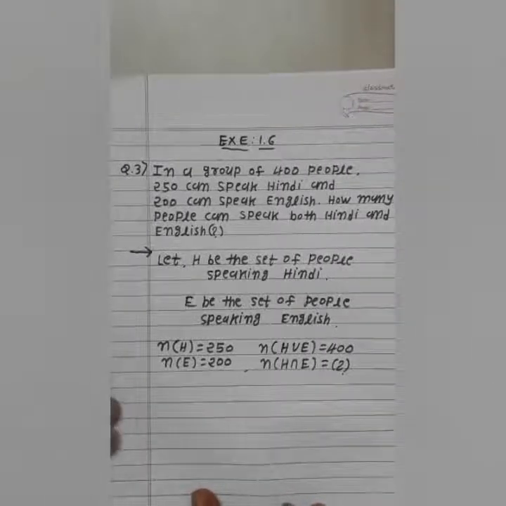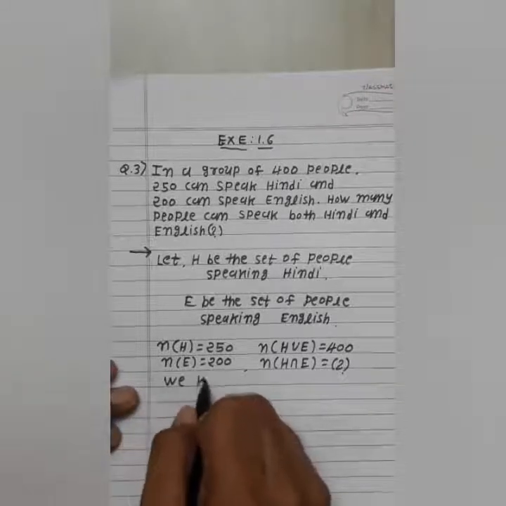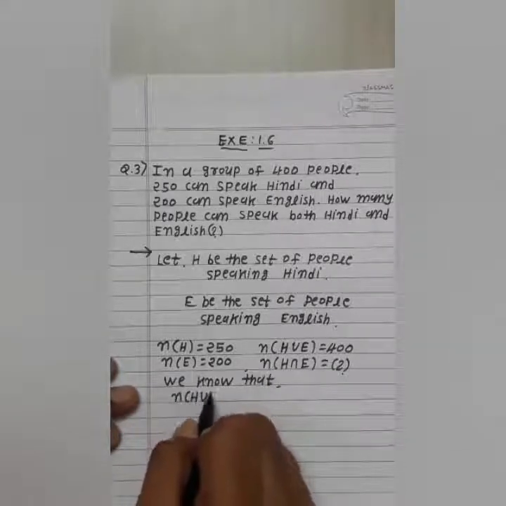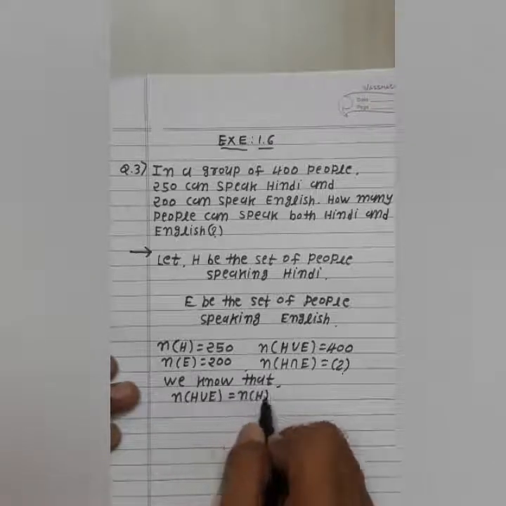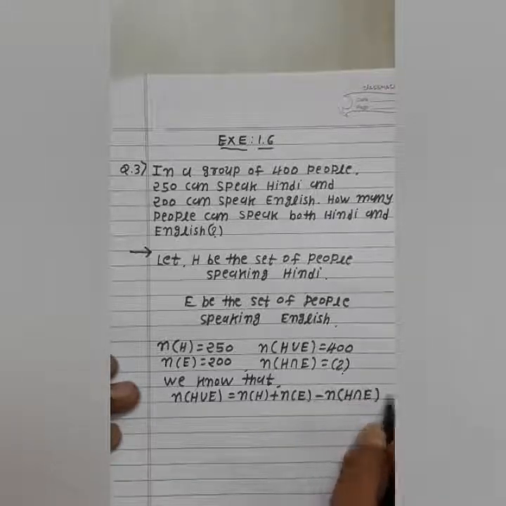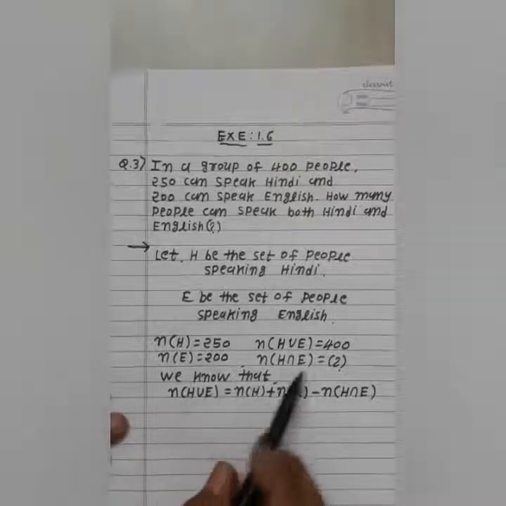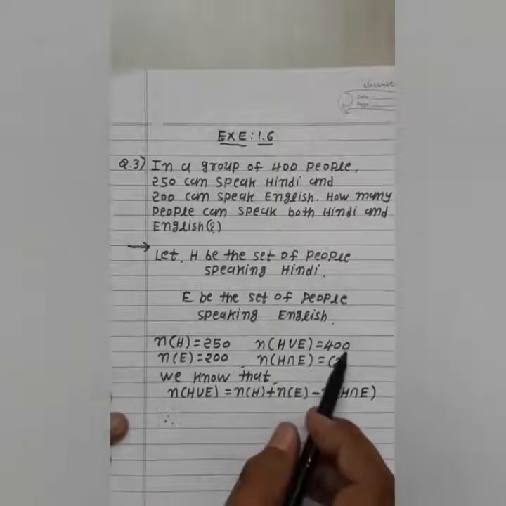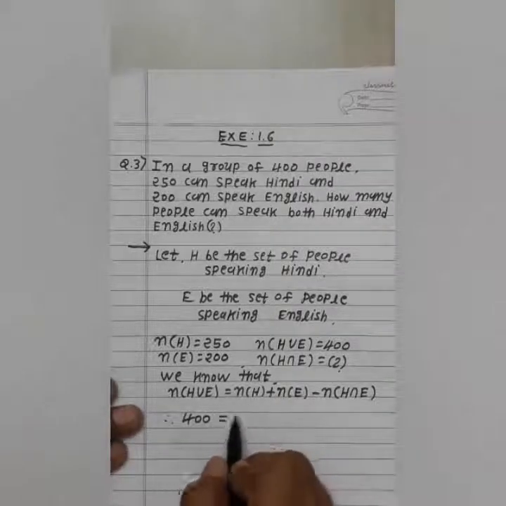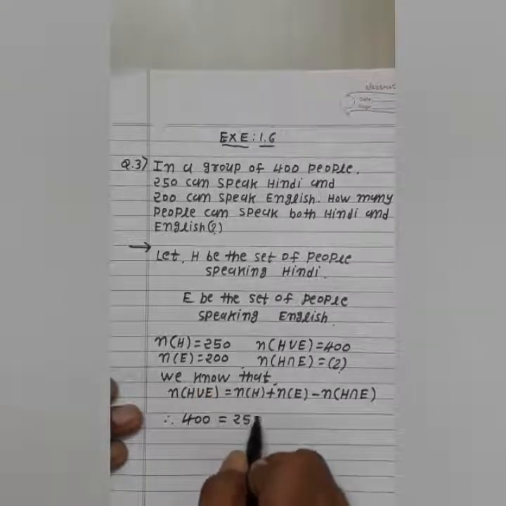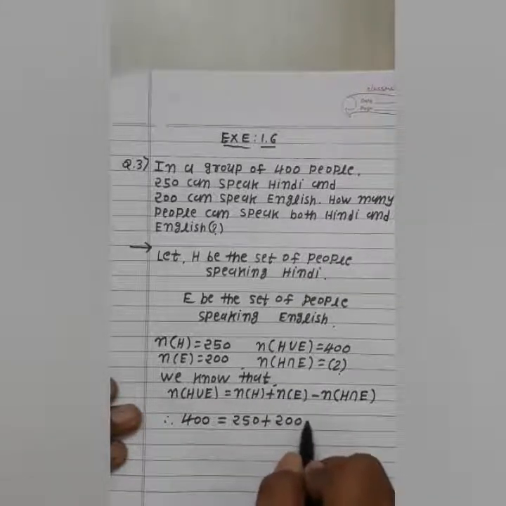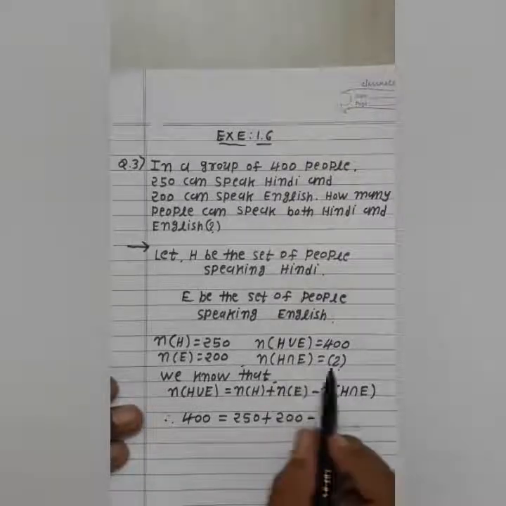So again the same formula applies here. First of all we know that n of H union E is equal to n of H plus n of E minus n of H intersection E. Now again data is present here. n of H union E, the value is given as 400, so here we write 400 is equal to n of H, in place of it write 250, plus n of E, in place of it write 200, minus n of H intersection E, to find out.